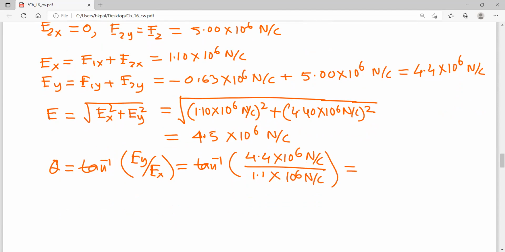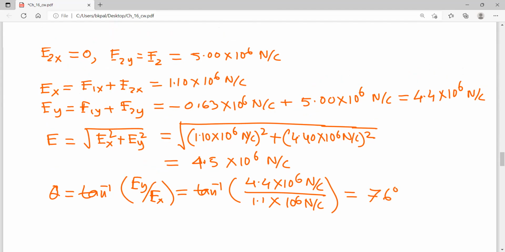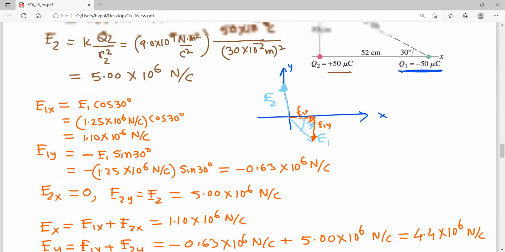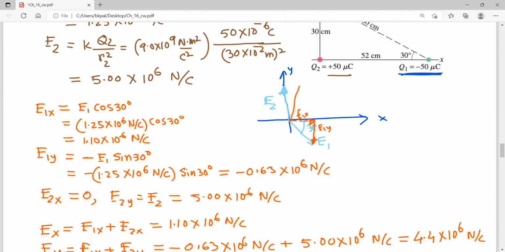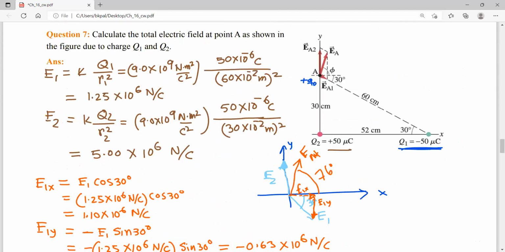If you plug in correctly in your calculator, it should give you 76 degree. So 76 degree means it is somewhere here, this angle is 76 degree, and this is the net electric field. Again, please go through it, and if you have questions, let me know.